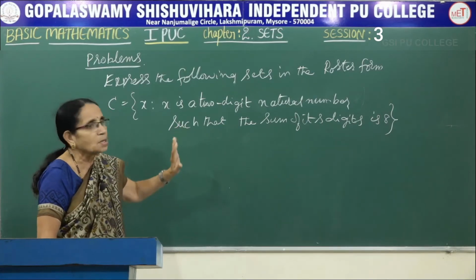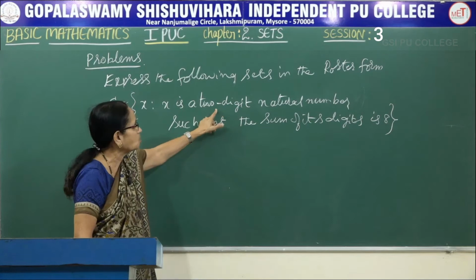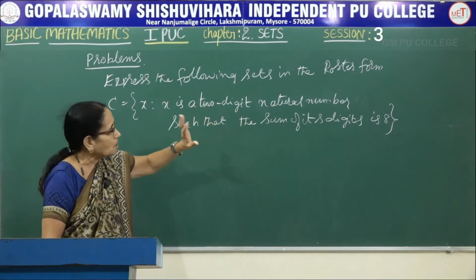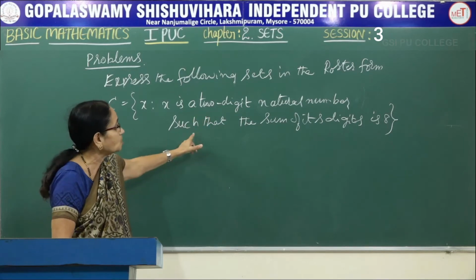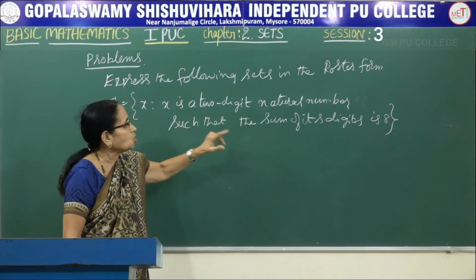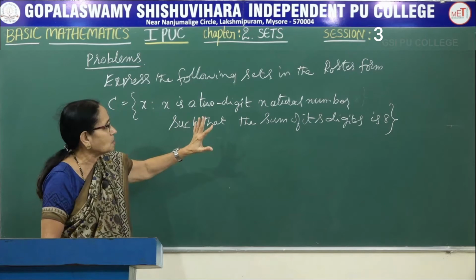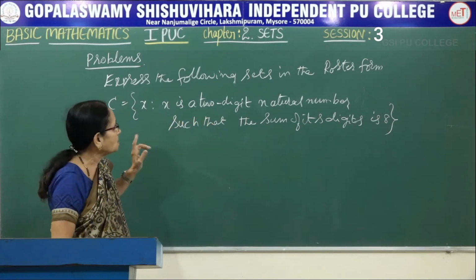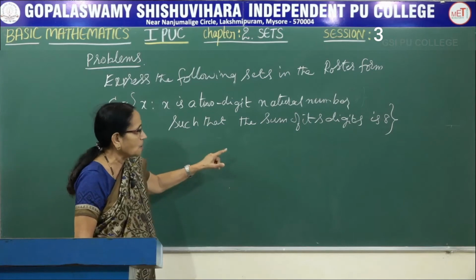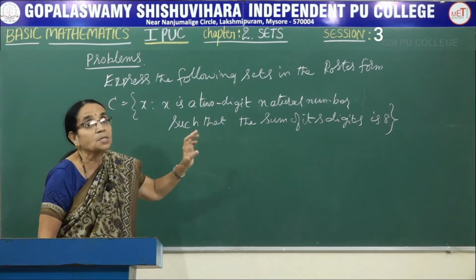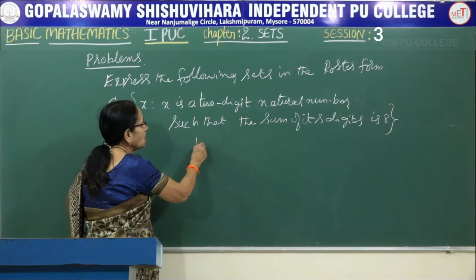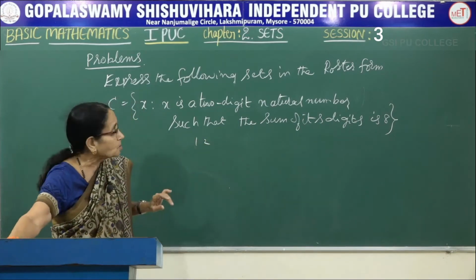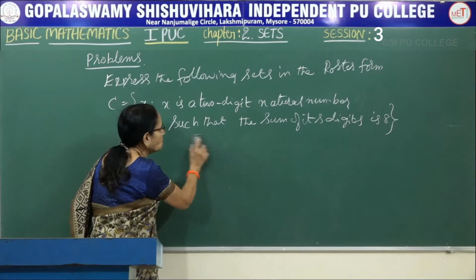So from 10 to 99, whatever number satisfies the condition should be written here. Now what is the other condition? Such that the sum of its digits. What do you mean by digit? I write 12. 1 is a digit, 2 is a digit. So the sum of them should be equal to 8.